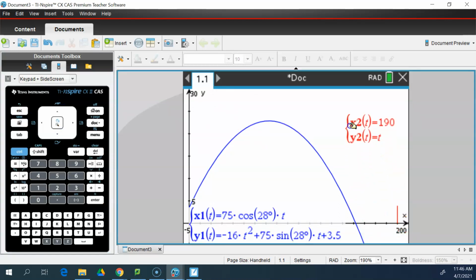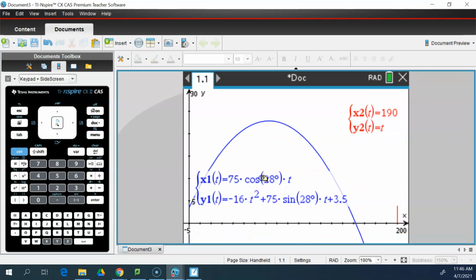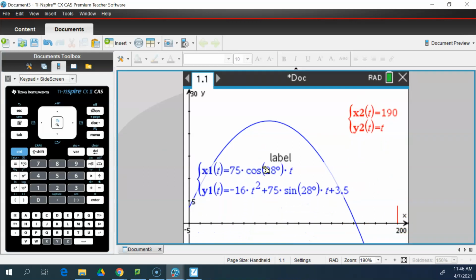Did Big Al hit a dinger? Big Al did not hit a dinger in this case, because the ball, the blue line here, is the path of the ball, and the red line here is the wall.